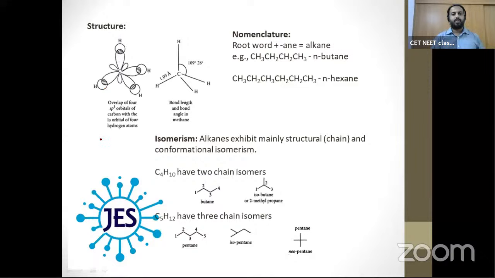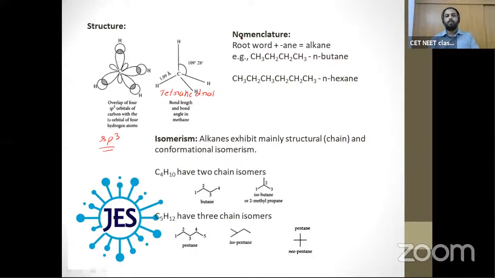And for sp3 hybridization, the corresponding shape is tetrahedral. Recollect all these things. Okay, so that's about the structure. So in an alkane, you can always expect the carbon atom to be in the sp3 hybridized state, and hence it will have a tetrahedral orientation of bonds.